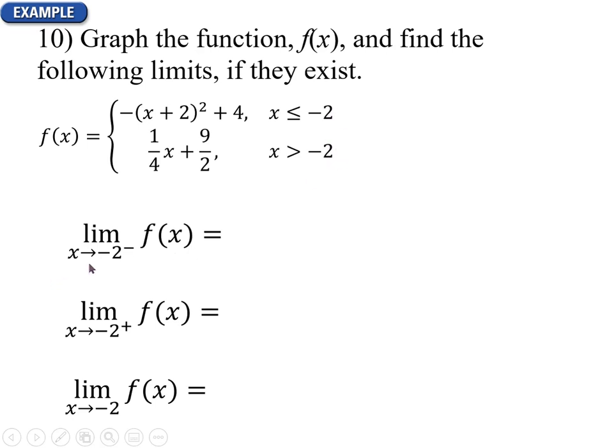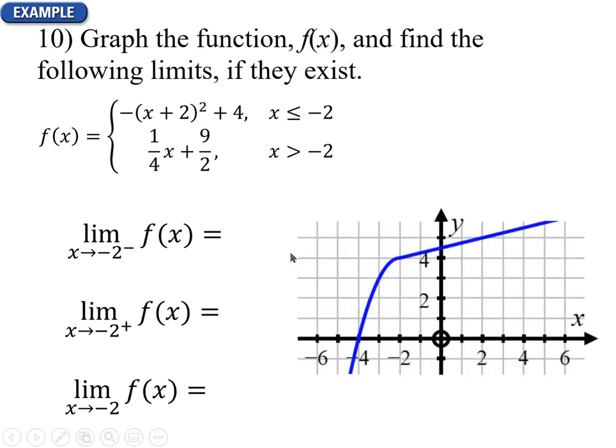So it's pretty easy to find the left-hand limit. You're just going to figure out which of these pieces would be to the left of -2. And in this scenario, it's going to be the top piece because anything that's to the left of -2 or less than -2 would be to the left of -2. So to find that left-hand limit, take the -2 and plug it into the piece. So if you plug -2 into that parabola piece, you're going to get 4.